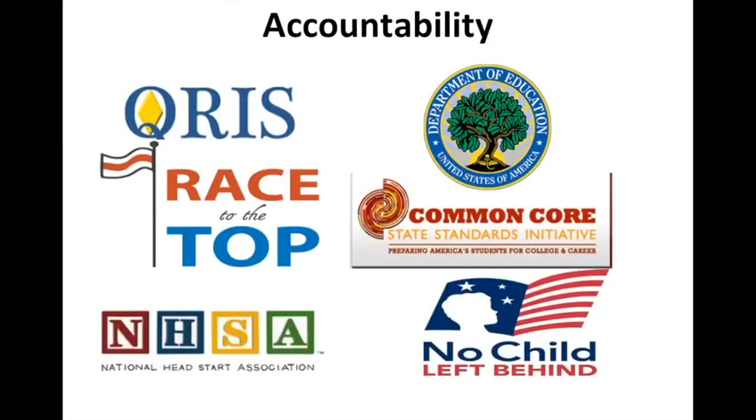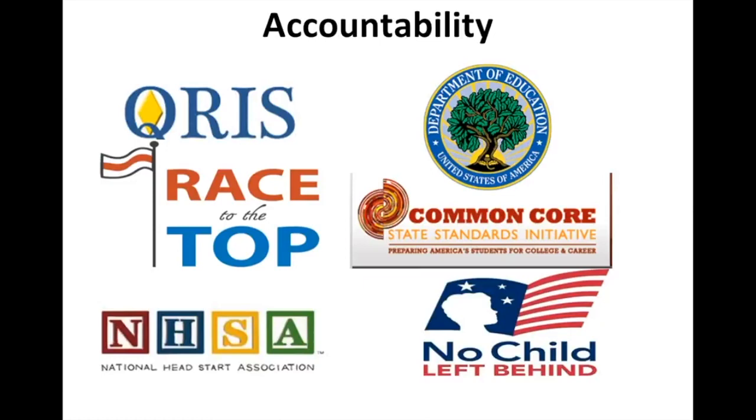The last major purpose of early childhood assessment is this one called accountability. And so we've seen these phrases before: quality rating, race to the top. We know that there are different agencies. If you work for Head Start, you might know that there are lots of different rules that need to be followed, ways that you need to be held accountable for the services that you're providing.